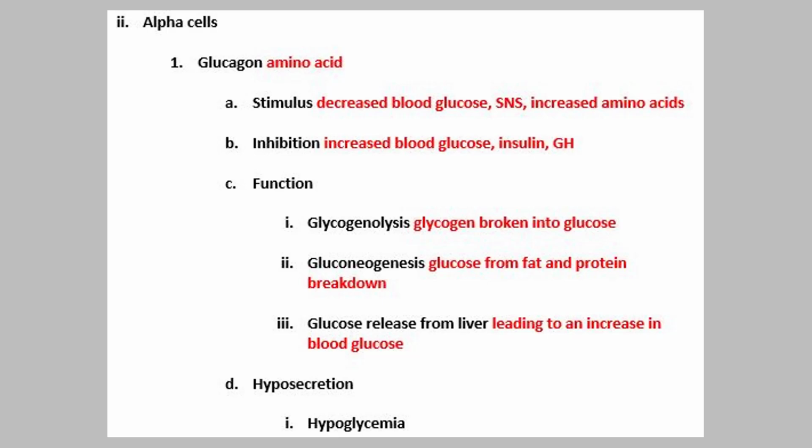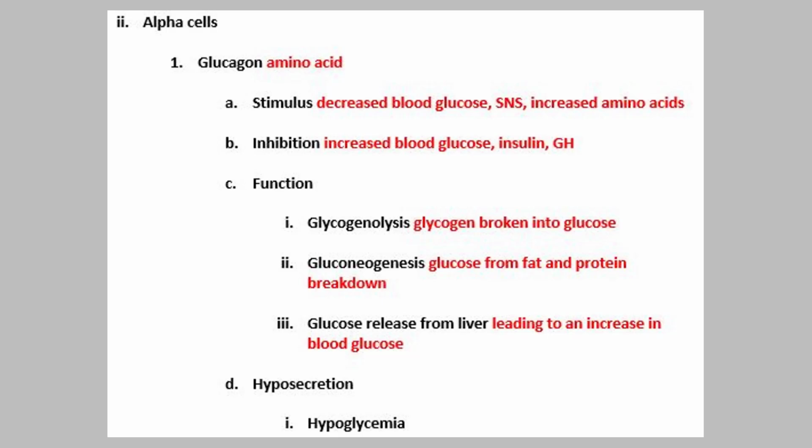So its stimulus is going to be a drop in blood sugar, decreased blood glucose. It's going to be activation of the sympathetic nervous system. But it is similar to insulin in that increased amino acids is also a stimulus.